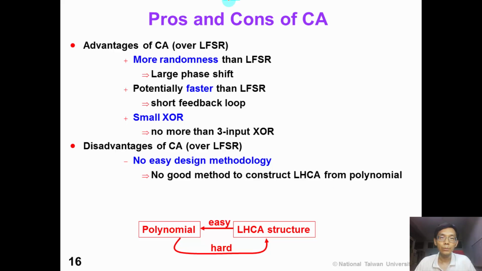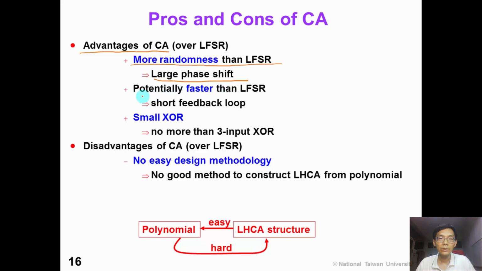So, the pro and the con of cellular automata are shown in this slide. The advantage of cellular automata is that it provides more randomness than LHCA because it generally has larger phase shift.